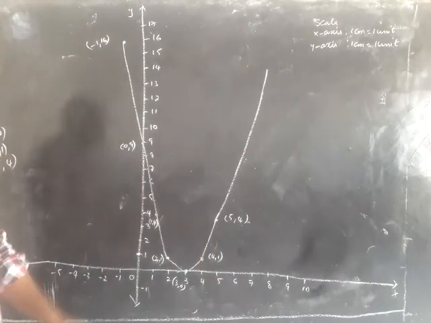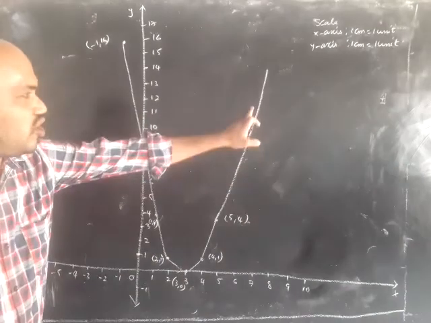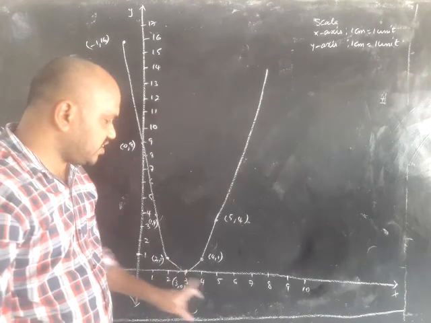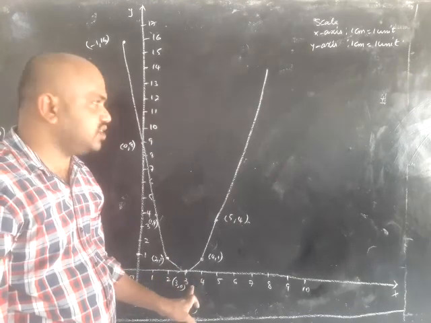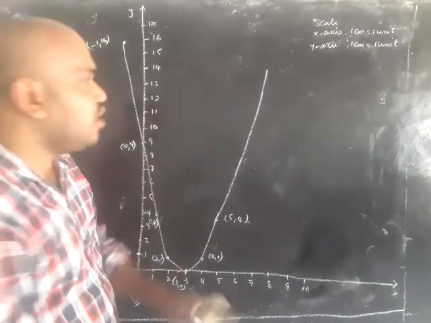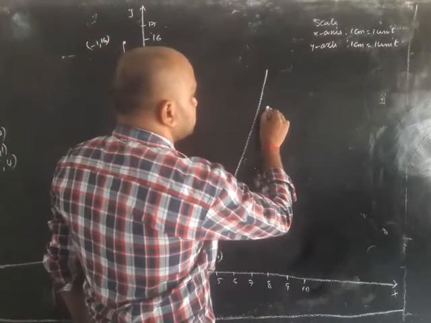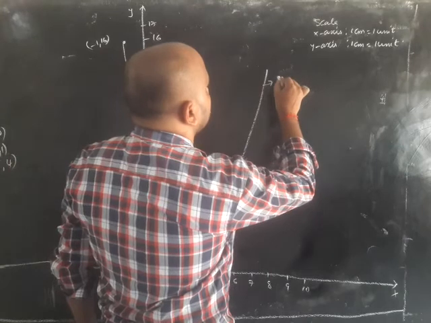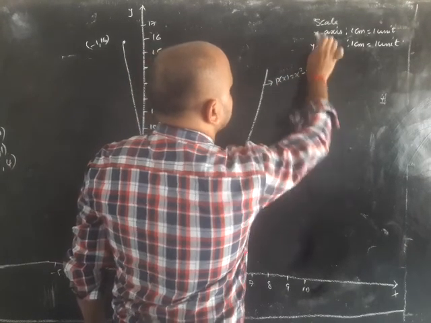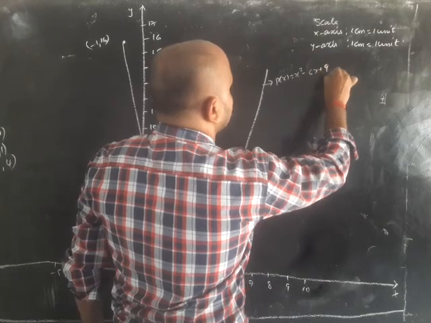So now if we see the graph of the polynomial x square minus 6x plus 9, it is intersecting the x-axis at only one point, that is 3 comma 0, whose x coordinate is 3. Therefore it has only 1 zero.